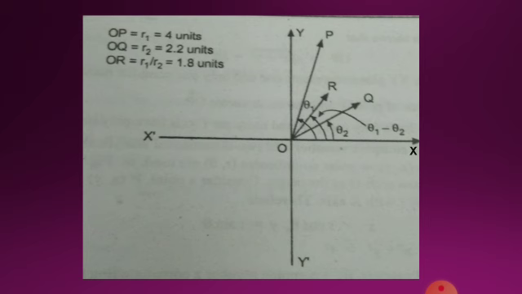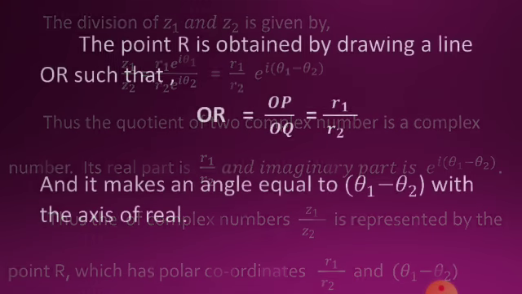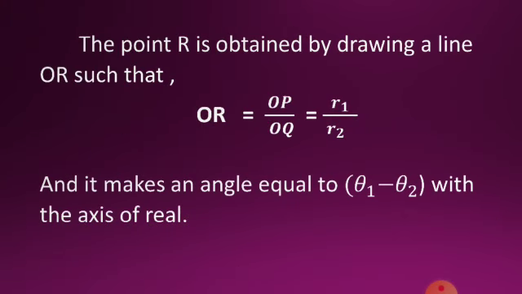Now OR is drawn in such a way that OR is equal to OP divided by OQ and it makes an angle theta 1 minus theta 2 with the axis of real.